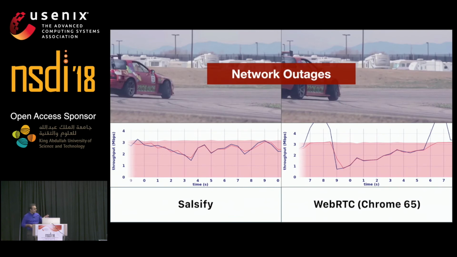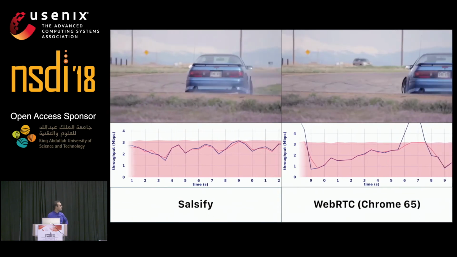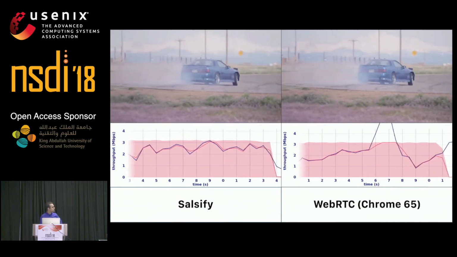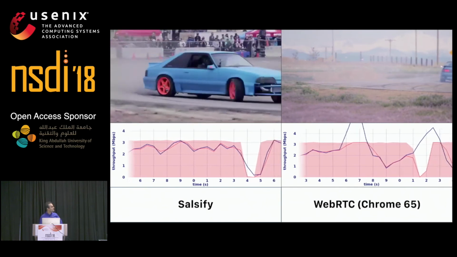The second example is we are going to have multiple network outages, and each is going to be 1 second. Left side again Salsify, right side WebRTC. Network's out, Salsify recovered.